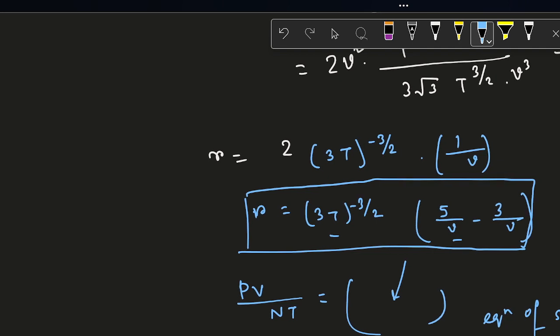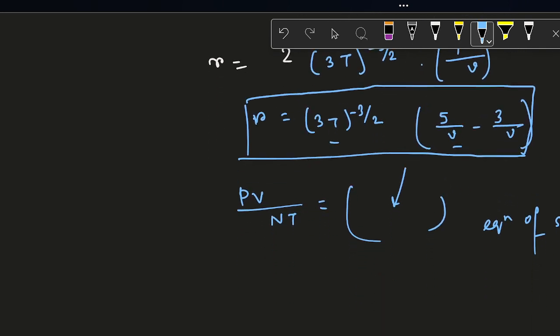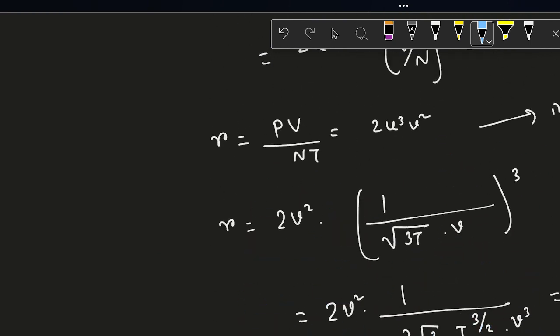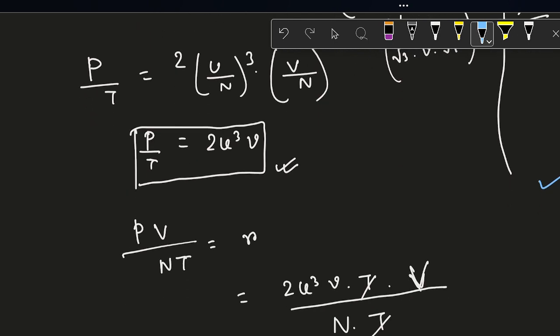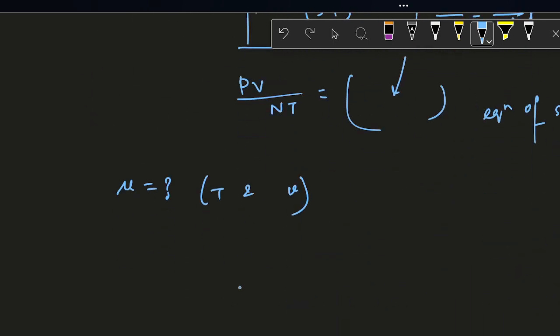Now I think the last question that was asked is that you have to express your chemical potential in terms of T and again small v. Okay, so for that we have to use this final part. This mu by T was 4 small v squared small u cube. So mu by T is equal to 4 small v squared small u cube.